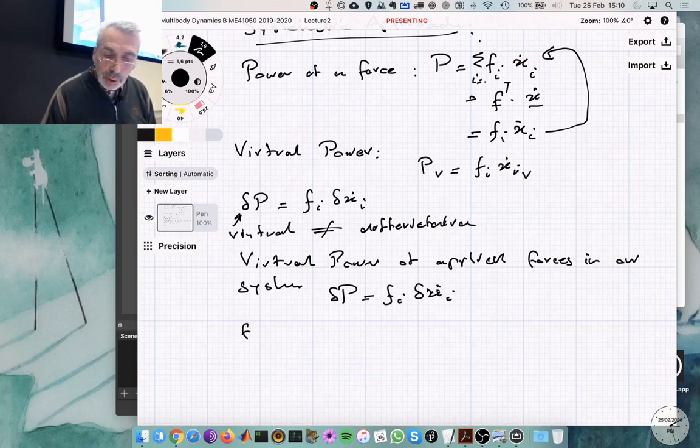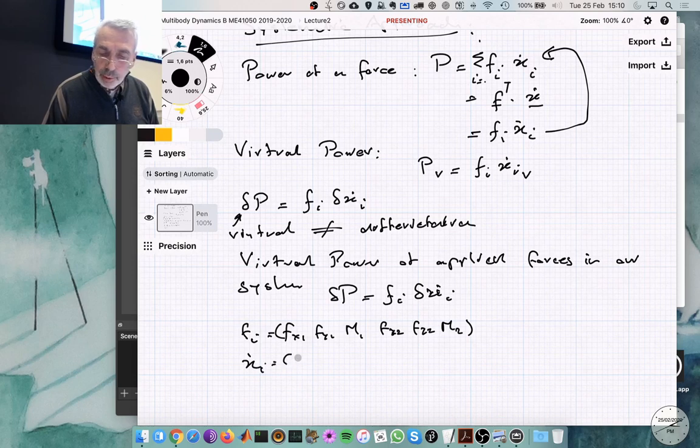For our system, the F_i's are Fx1, Fy1, M1, Fx2, Fy2, and M2. And likewise, these coordinate speeds are x dot 1, y dot 1, phi dot 1, x dot 2, y dot 2, phi dot 2. And if you want virtual, then you just put a virtual everywhere.